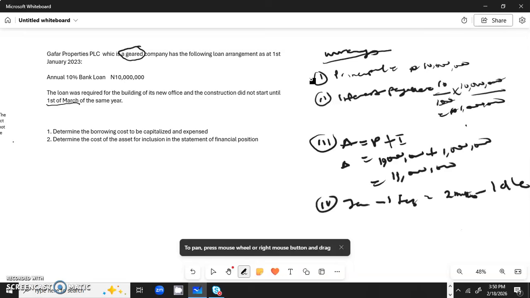It became active from March to December, which is a 10-month period. 10 months, it became active.